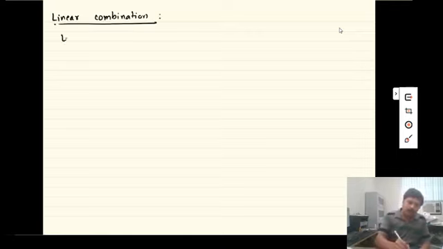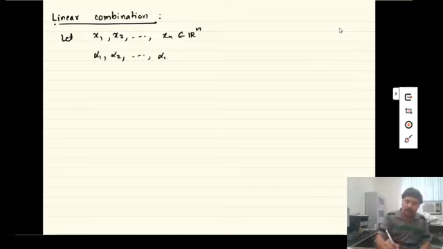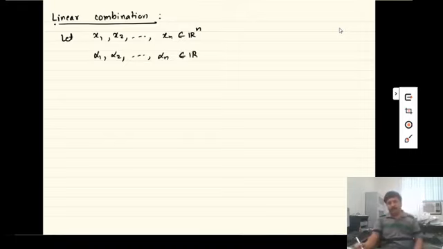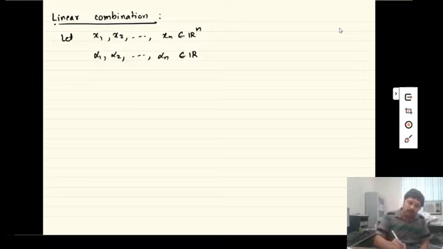Let x1, x2 up to xn be vectors in Rn, and let alpha 1, alpha 2 up to alpha n be scalars in R. So I take n scalars and n vectors and form a new vector y, which is alpha 1 x1 plus alpha 2 x2 plus up to alpha n xn.